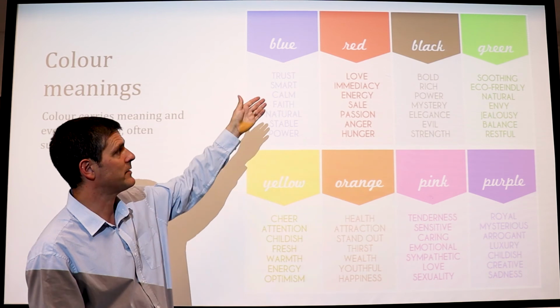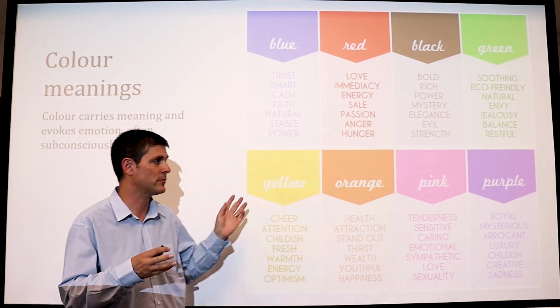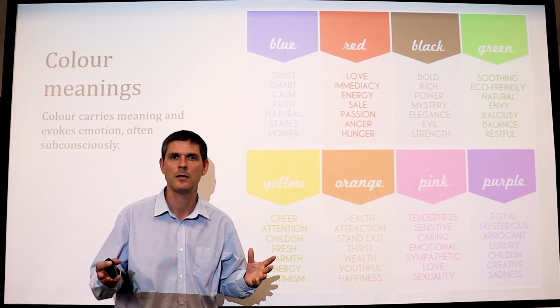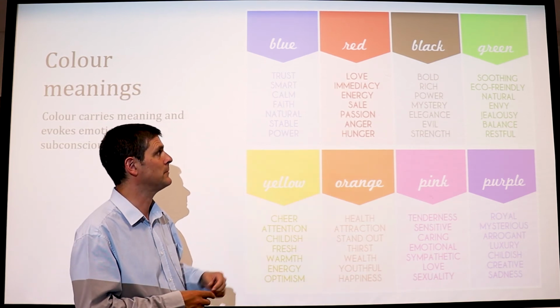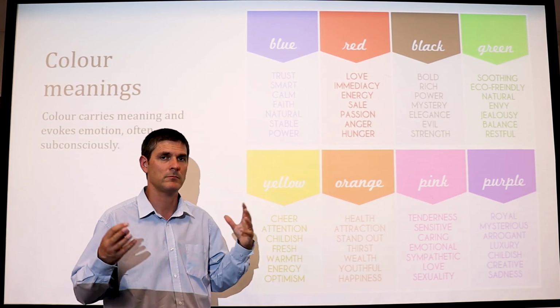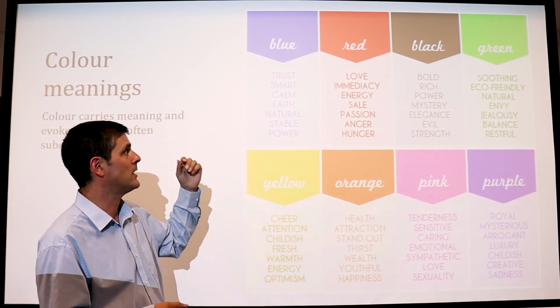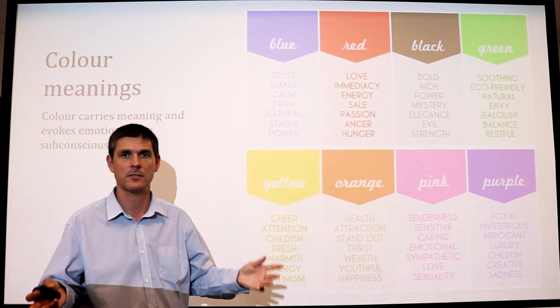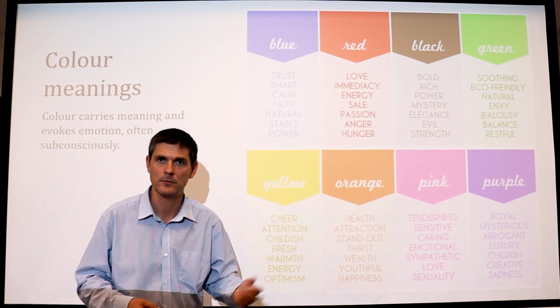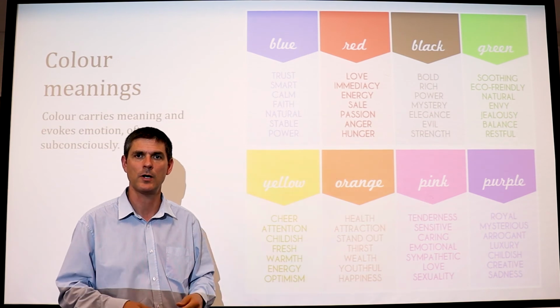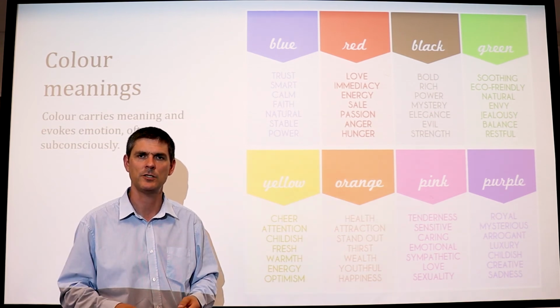So let's take red, for example. These in general are taken from a culturally Western point of view. So we look at red, and I think most people agree with this. Red means love. Most people would agree with that. Red means anger. So it can have these two meanings that seem to contradict each other.